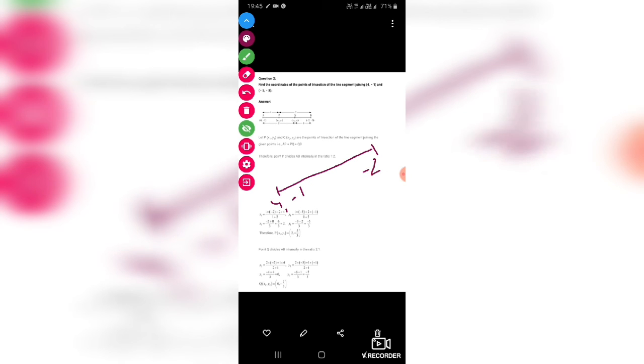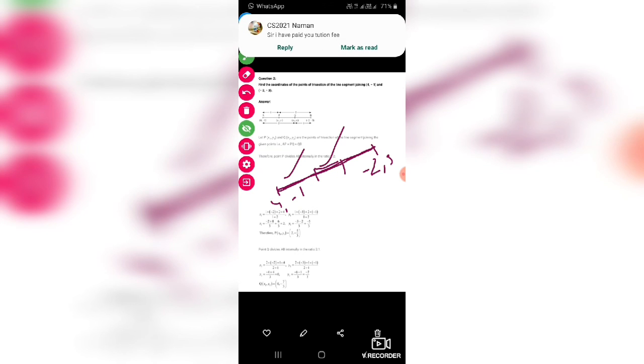In this, trisection means three equal parts. This is your A and B, which is given (4, -1), and this is given (-2, -3). Now class, trisection means this line is to be divided into three equal parts. So this is first part, this is second part, this is third part.